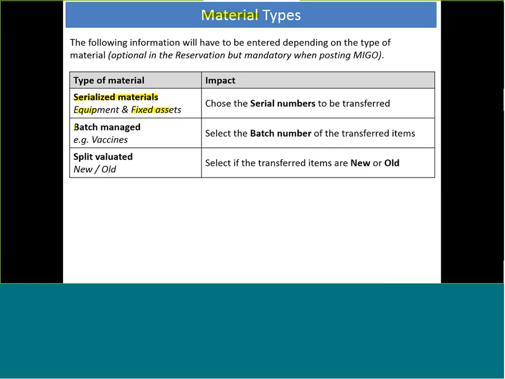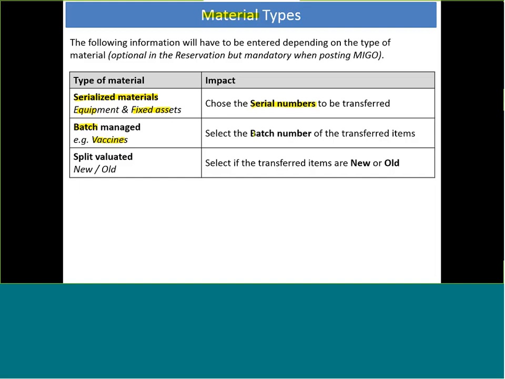There are materials that are batch managed, like vaccines. So depending on the type of material, the system will request additional information when we perform the stock transfer. For example, for serialized materials, when posting MIGO, the system will ask the inventory user to indicate which serial numbers are being transferred.